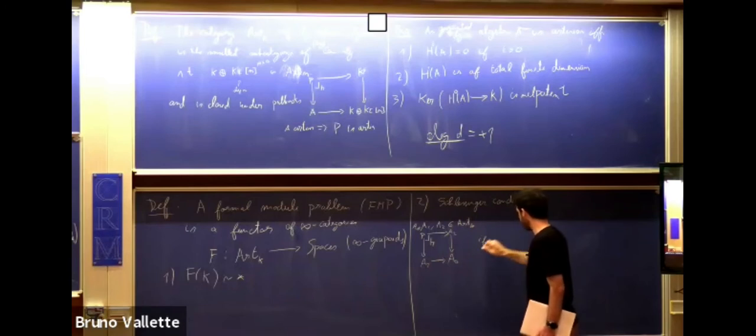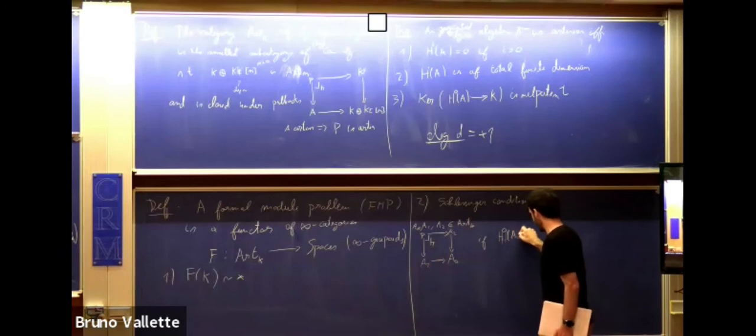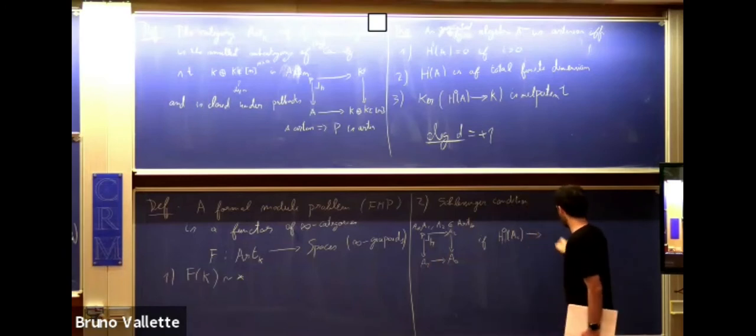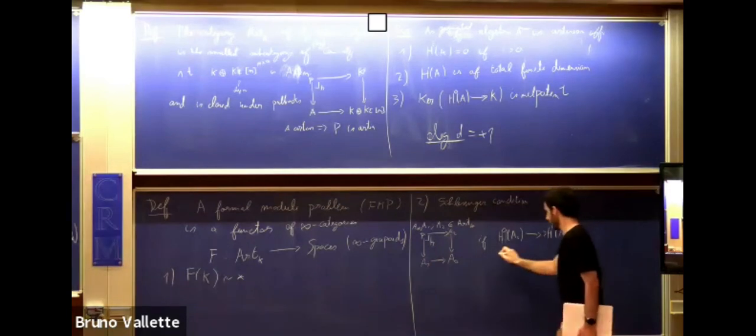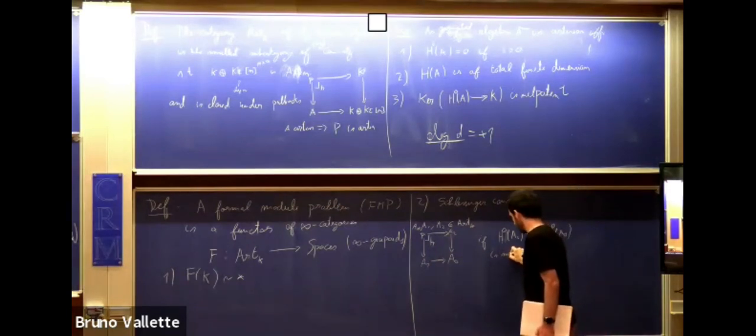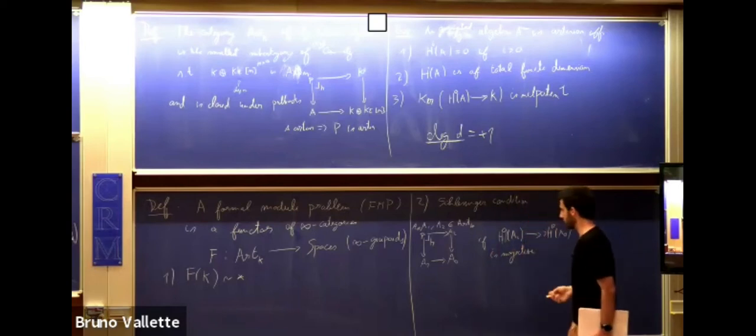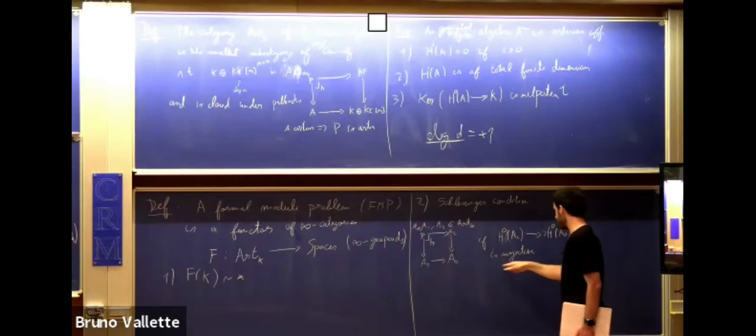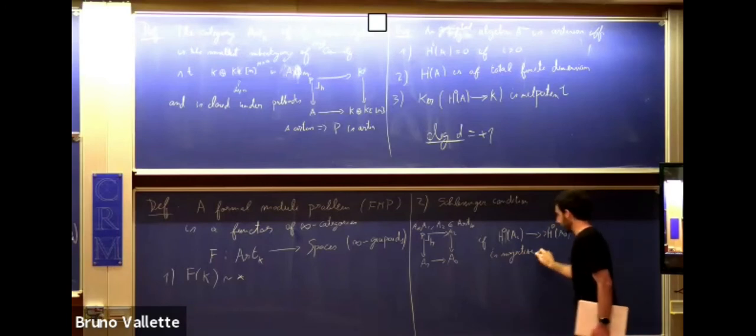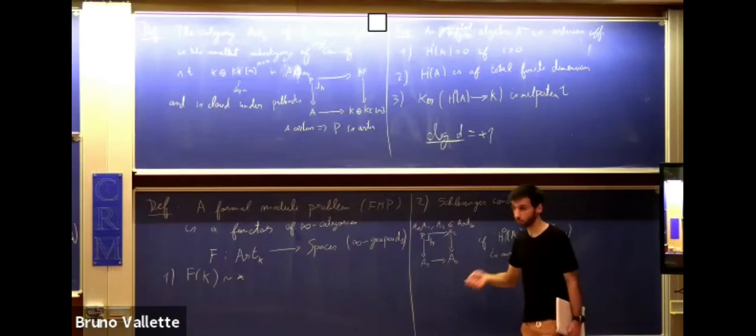So furthermore, if the zeroth cohomology of Ai into the zeroth cohomology of A0 is surjective, for the three i's, then pullbacks are sent to pullbacks.